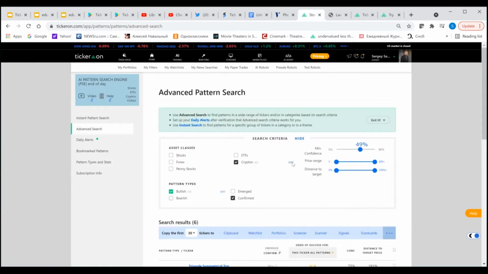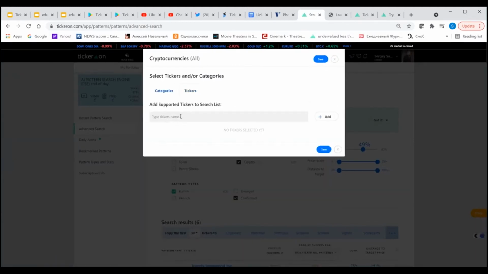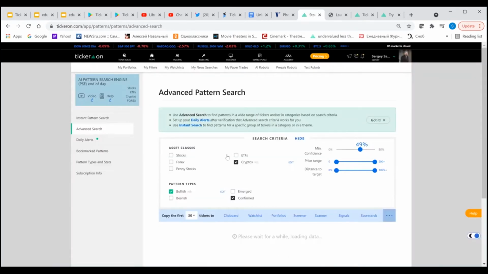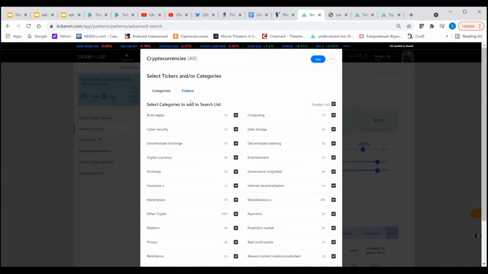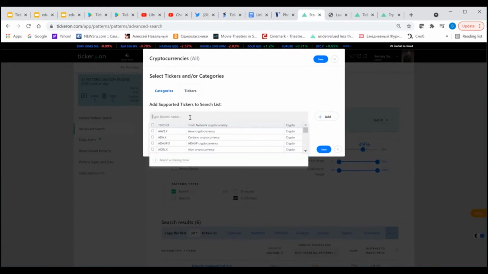Now, the advanced search. We're setting it up for crypto. If you want to edit that, you see different categories, or you can put in a specific list. Let's say you want BTC. When you save, a specific list is formed right here.